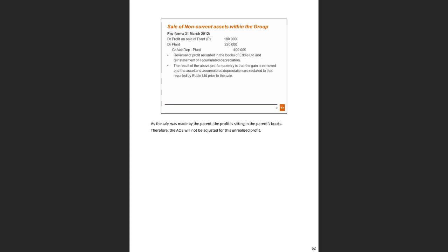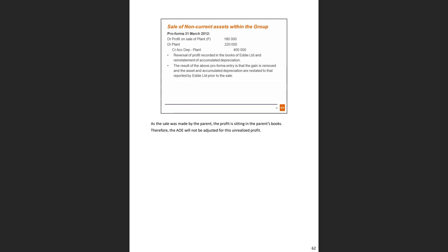Remember, Eddie had it in its books for 1 million, and it subsequently reversed this cost of 1 million. And then Sandy recorded it for 780,000 Rand. But we want it to be recorded at 1 million. So we want to show that the cost is 1 million. Because Sandy would have recorded it as 780,000, we need to add 220,000 to take it to its original cost of 1 million.